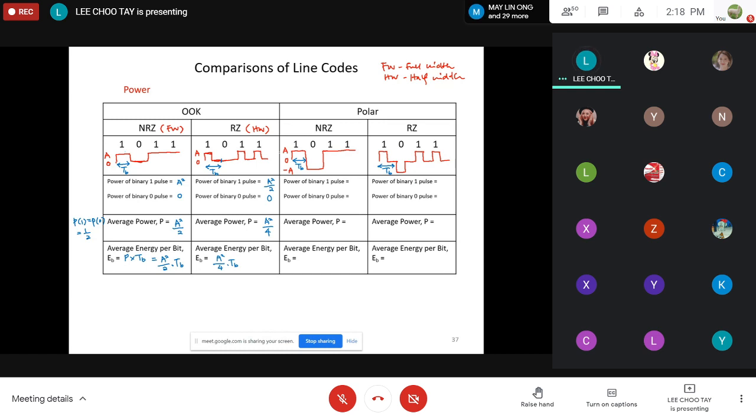And with return to 0 format, which is half wave in this case, then the average power is A square over 4. So you can see that even though we transmit with the same amplitude, the power that is transmitted is actually only half. For RZ, the power of the signal that we transmit is only half of the power of the NRZ.